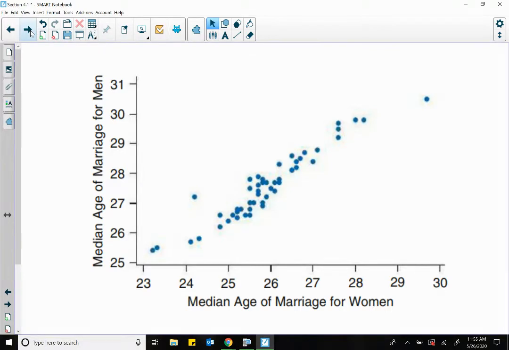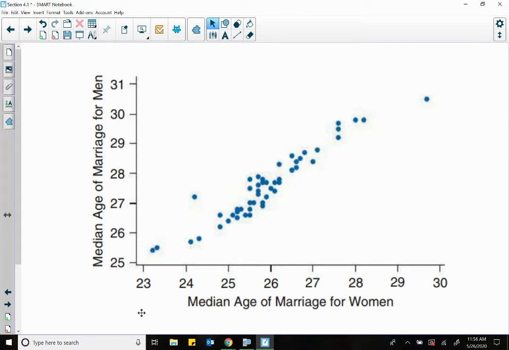You can see that what you're looking at here is the median age of marriage for women versus the median age of marriage for men. So they're comparing two numerical data values. Basically, each one of these points represents a married couple, with the age when the female, comma, the male got married.